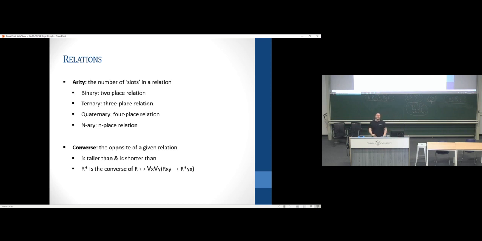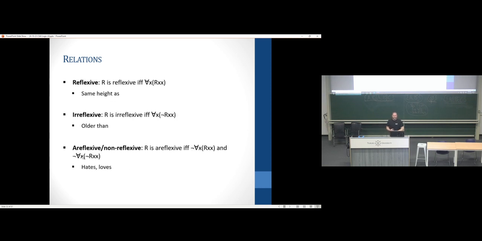And in fact, one of the properties I want to talk to you about is exactly capturing that idea. So, the first property of relations I want to introduce to you is the notion of a reflexive relation. So we'll say that a relation is reflexive if and only if everything stands in it to itself.